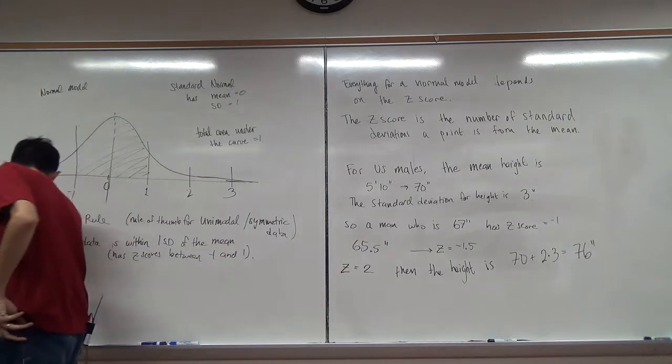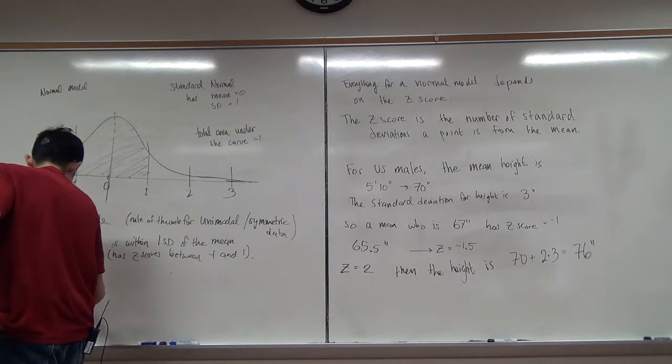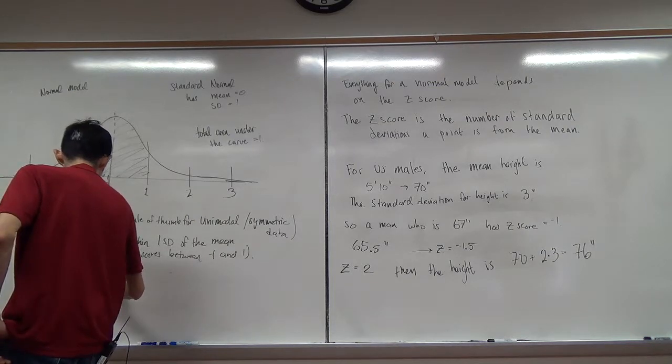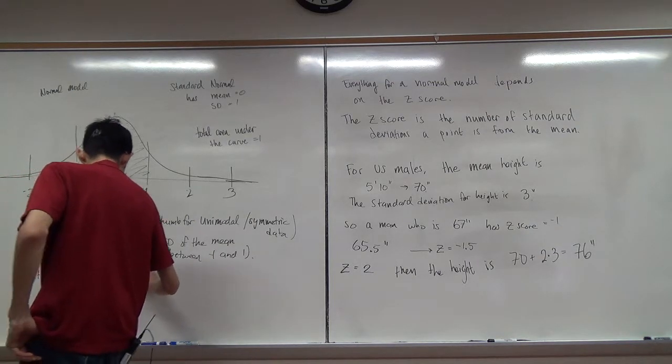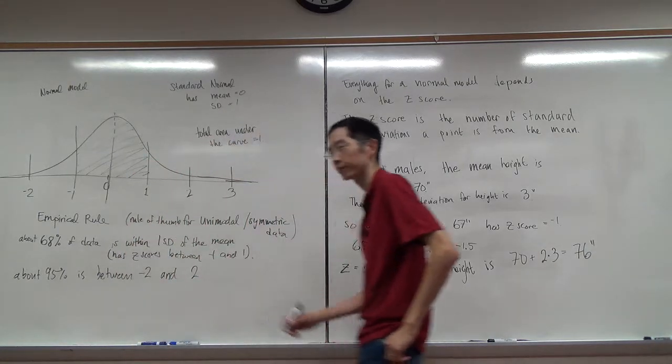The next rule is that about 95% is between -2 and 2.